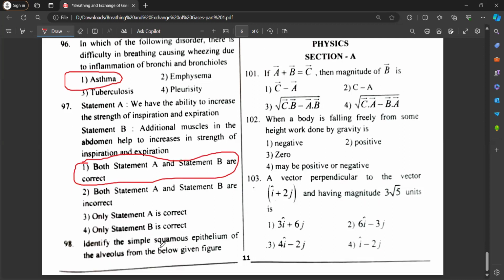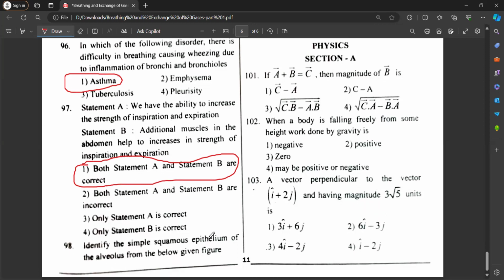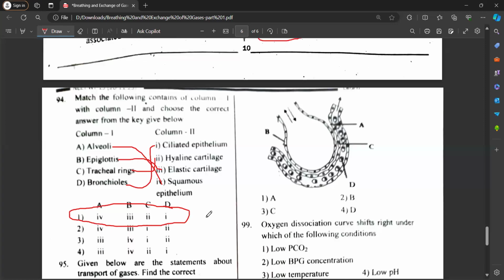Identify the simple squamous epithelium of the alveolus from the below given figure. Assume this is an alveoli. So alveoli is lined by what type of epithelium? Simple squamous epithelium. So which one is the simple squamous epithelium here?